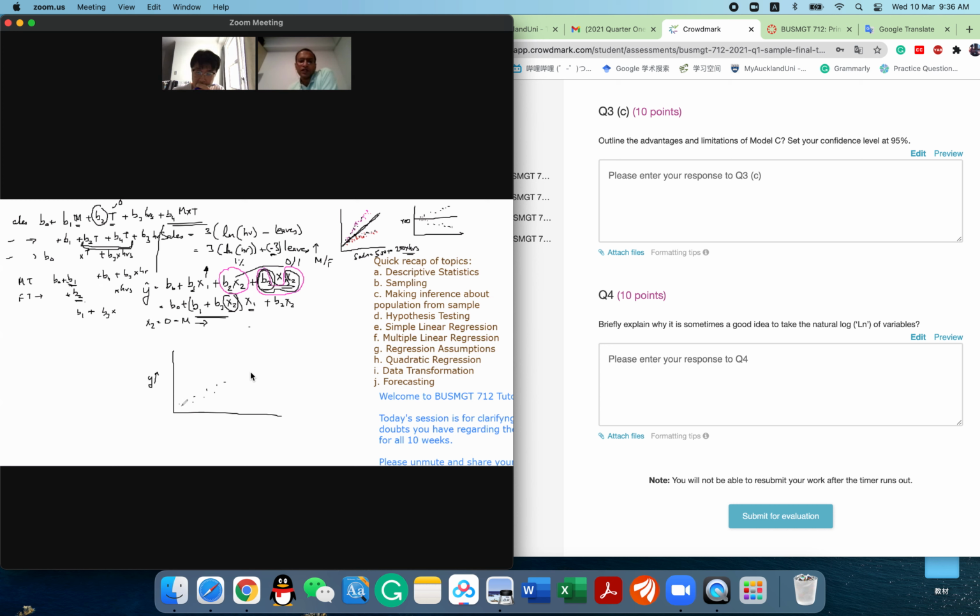You have two choices. One of them is you ignore this, then you get a line with a good fit. But in this case you have ignored this data altogether, so that's a big risk. If the data was properly collected, we ideally should not ignore it. On the other hand, if you say that you don't want to ignore it, then what option do you have? You have something like this.